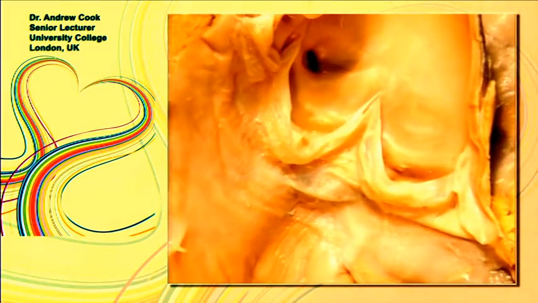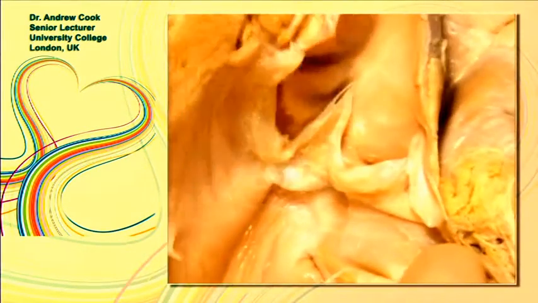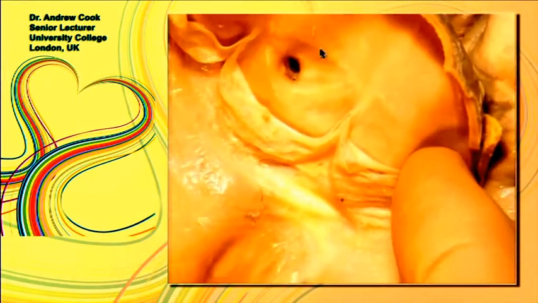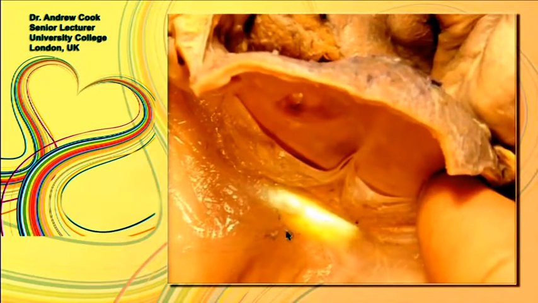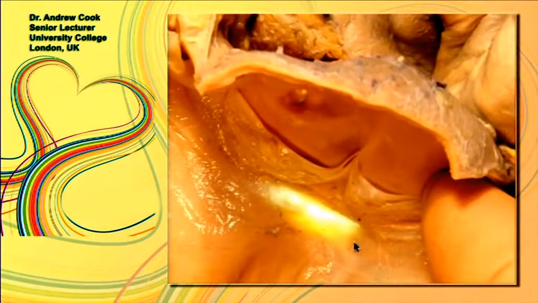And then in between those two regions that I've described to you already, we've got a crucial structure which I'm going to transilluminate from the right side of the heart to illustrate to you that it's the thinnest portion of the ventricular septum. It's the membranous septum, and that sits at the base of the triangle of tissue between the right and the non-coronary leaflets. So there you can see the light shining from the right side, sitting at the base.